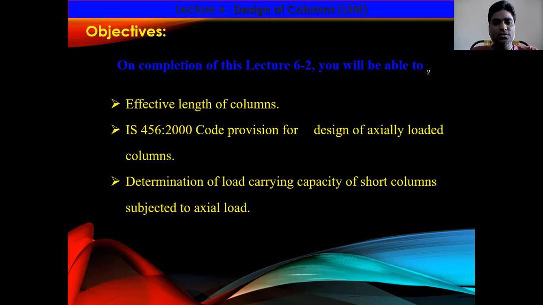That means you need to follow the design codal provisions while designing the axially loaded column by limit-state method as per IS 456-2000. Then we will discuss how to determine the load carrying capacity of a short column subjected to axial load.